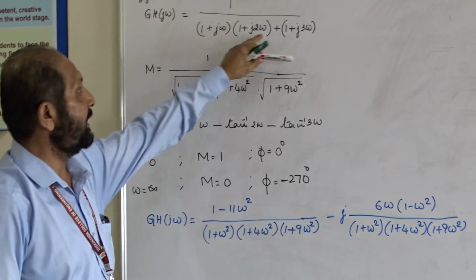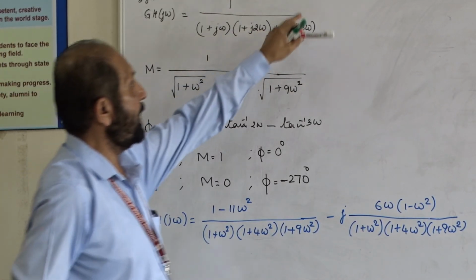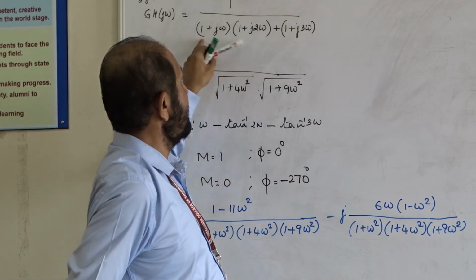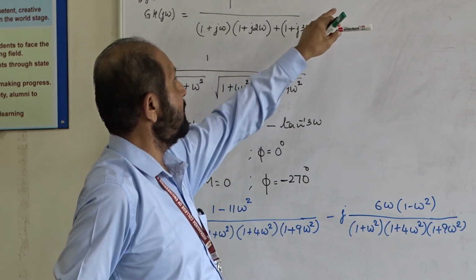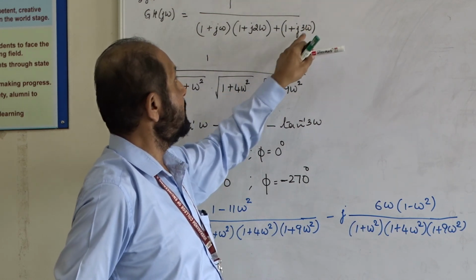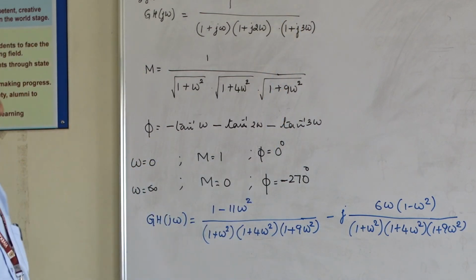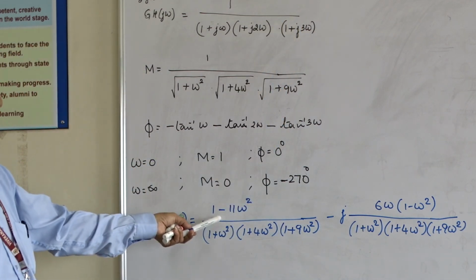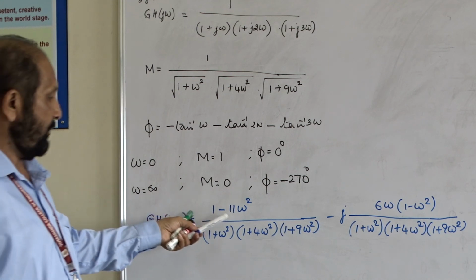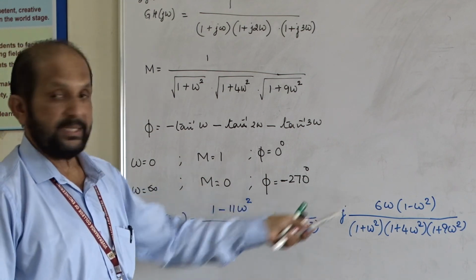We have three terms in the denominator, so multiply both numerator and denominator by 1 minus j omega, 1 minus j 2 omega and 1 minus j 3 omega. Simplify and you get the rectangular form, Cartesian form. This is the real part and this is the imaginary part.